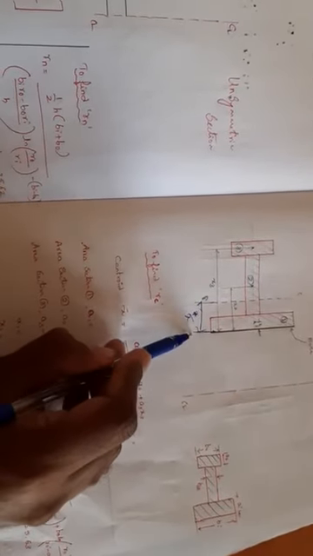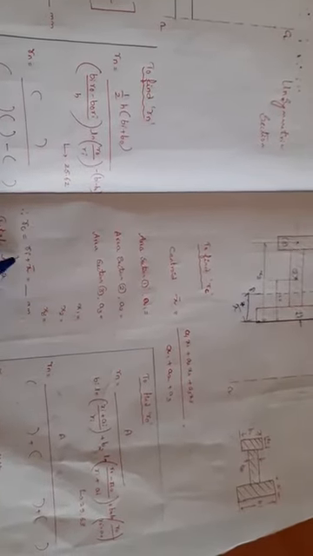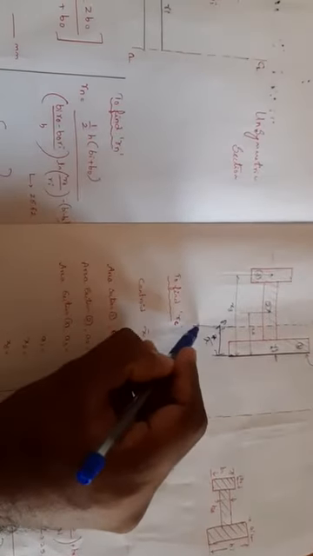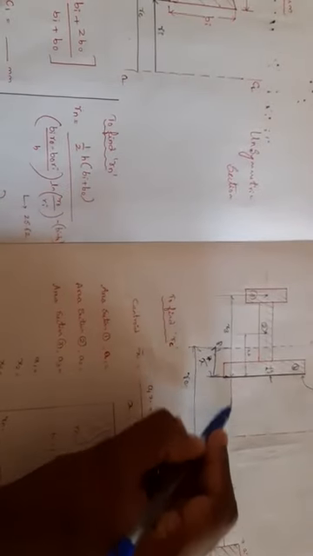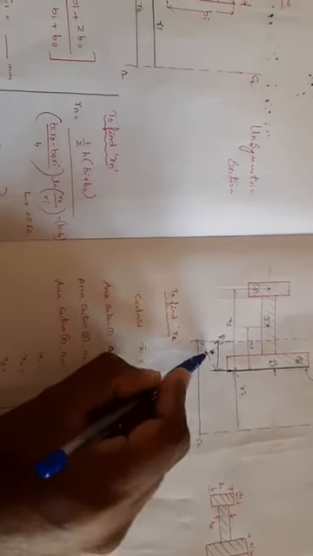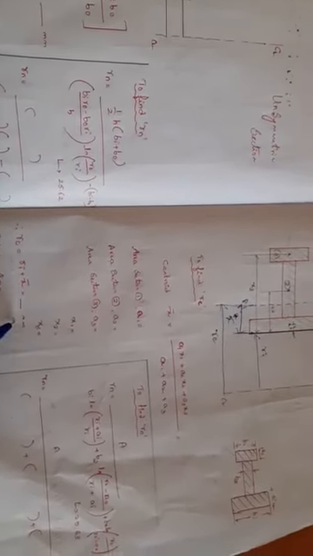Therefore RC will be Ri plus x bar, and we get RC. So this is RC, this is Ri, and Ri plus x bar gives RC.